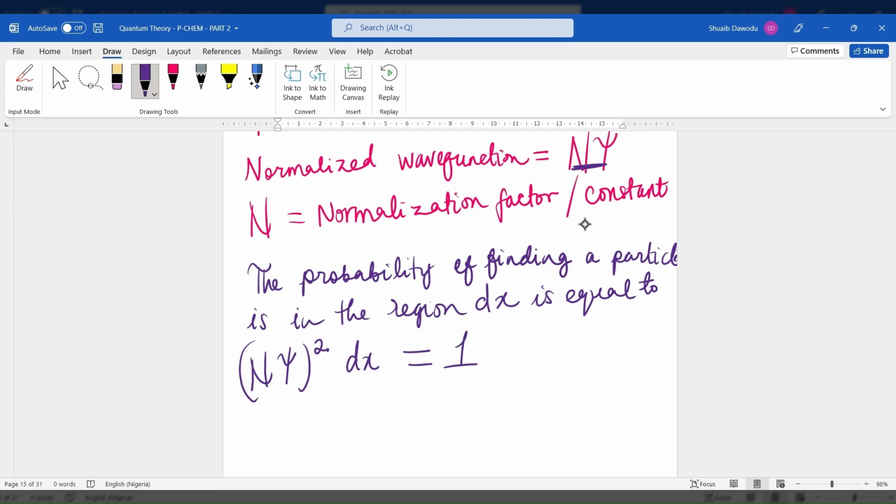So basically, the probability of finding that a particle is in the region dx is equal to this, and this is actually equal to 1.